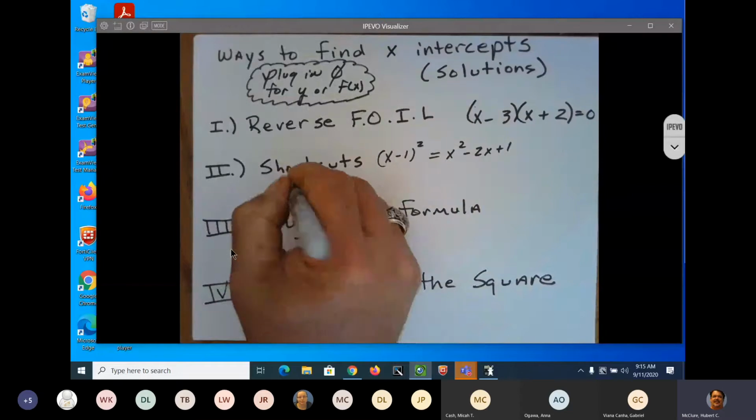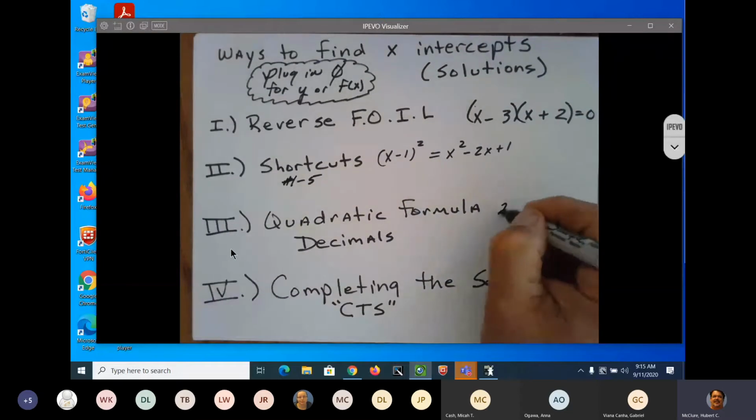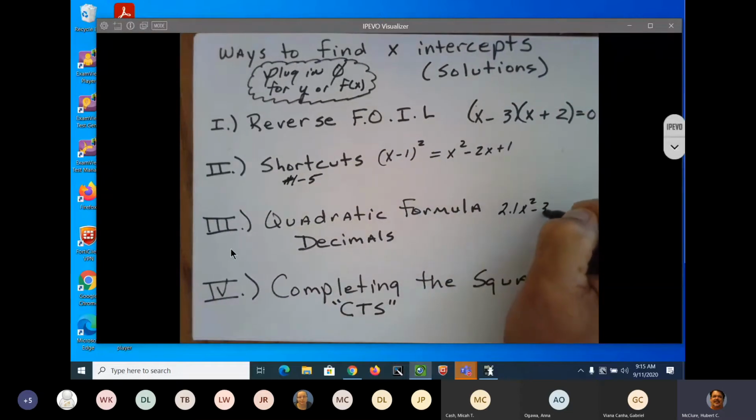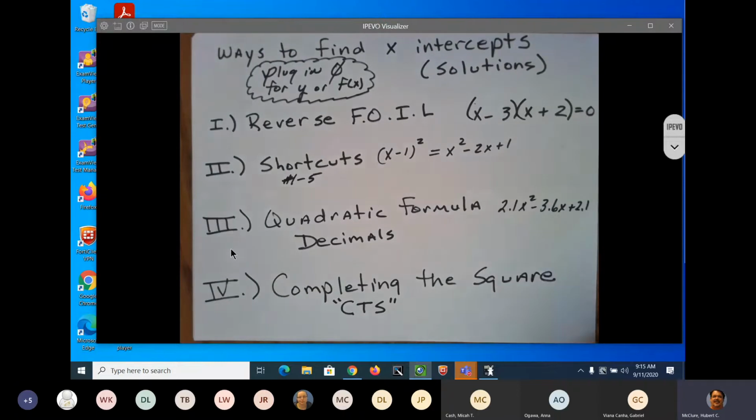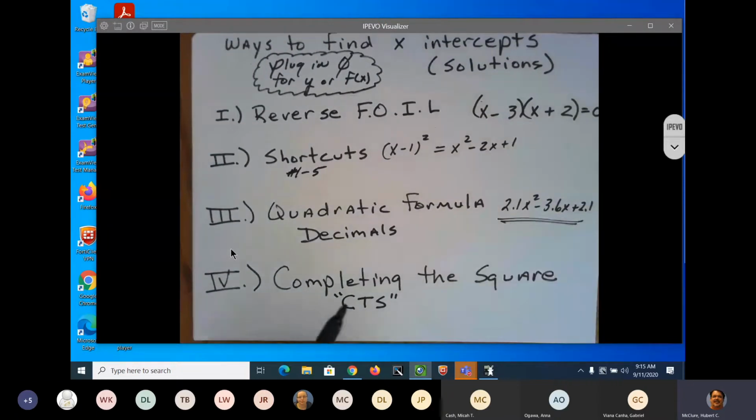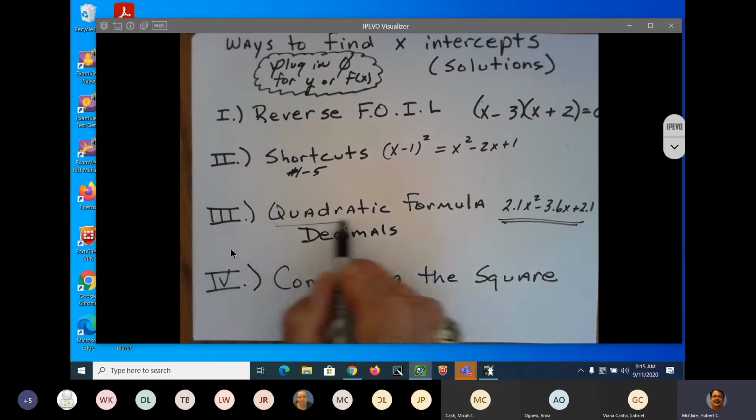Quadratic formula, 2.1 x squared minus 3.6 x plus 2.1. That's when you use the quadratic formula. And I bet you $1 to a donut hole that you were taught the quadratic formula solves all the world's problems in high school. I hope not. I hope I'm wrong. But this one is the least used.